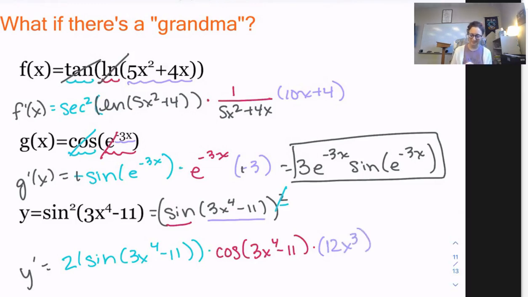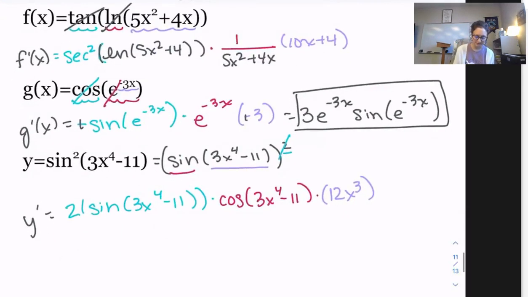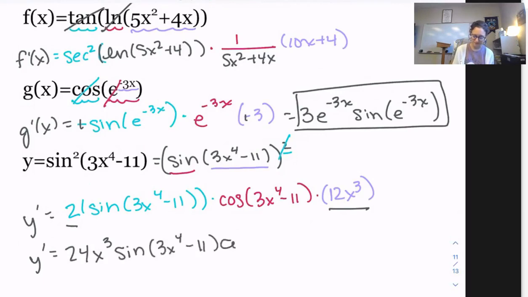And again, let's make sure the trig terms are at the end. So, final answer, y prime is equal to 2 times 12 is 24. I'm bringing that x cubed with me. Sine of 3x to the 4th minus 11 times cosine of 3x to the 4th minus 11.